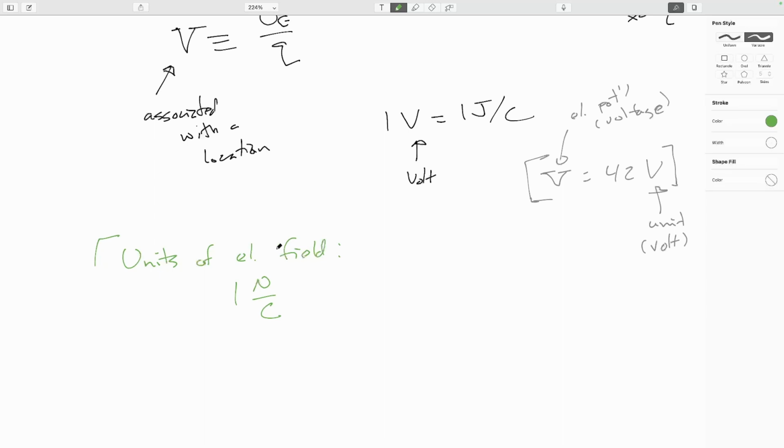However, what we usually end up saying is a volt per meter. Let me work through the unit arithmetic. 1 volt is 1 joule per coulomb. If I divide that by meters, this is going to be 1 joule per coulomb meter. A joule is a Newton times a meter. So you're left with the Newton per coulomb.